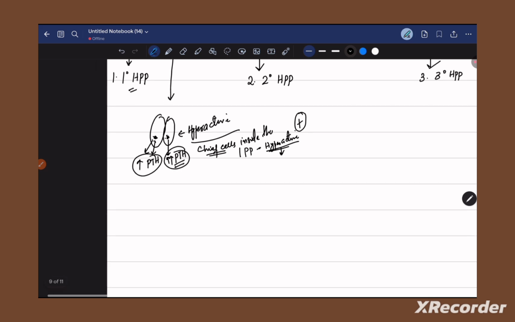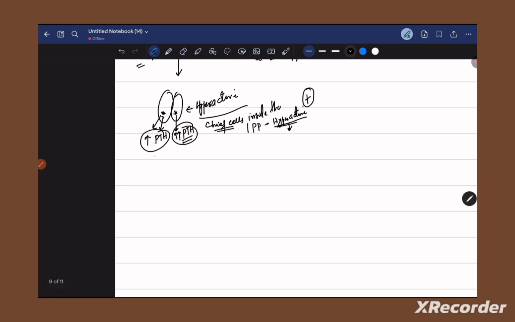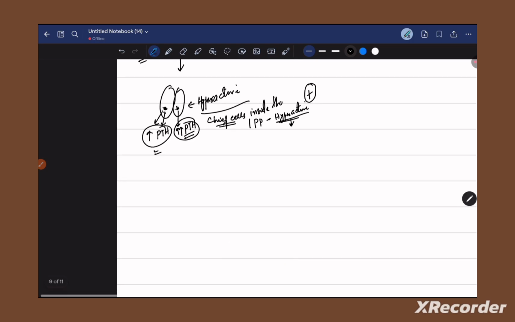Let us see. The physiology of how the parathyroid gland works, as I discussed in the hypoparathyroidism case, you all know. So what will happen here, this increased PTH will go to the bones.